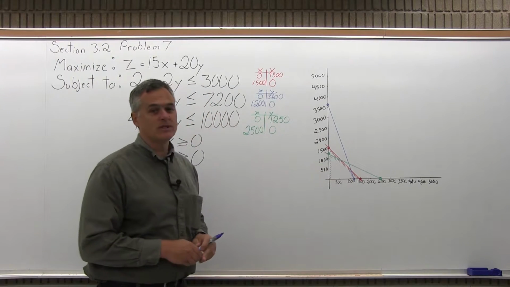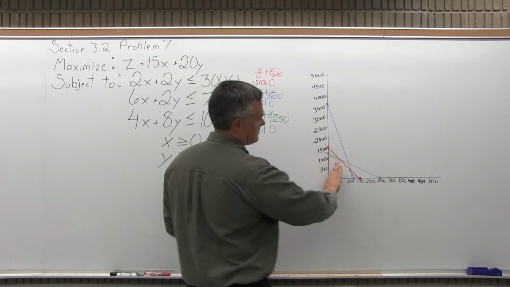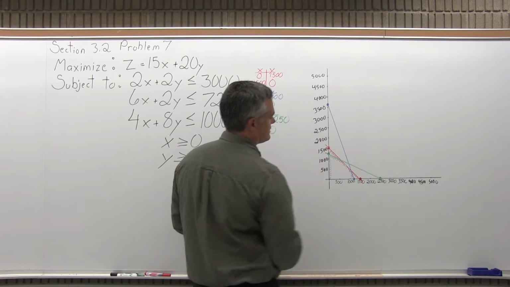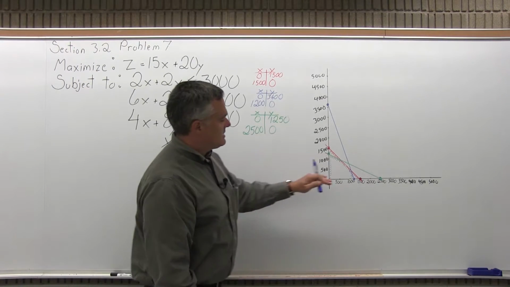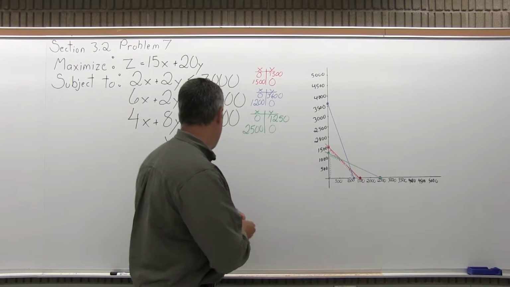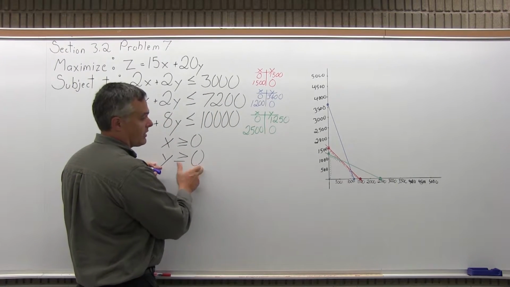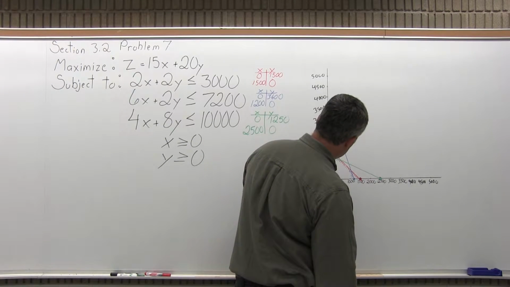I cannot use any points that have a negative x coordinate, so I can't get to the left of the y-axis. It has to be only positive x values. And the y greater than or equal to 0 forces me to stay above the x-axis for my feasible region. I have to have only points with a positive y coordinate, so I can't go below the x-axis.